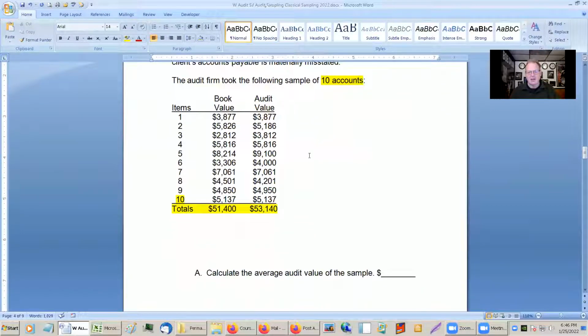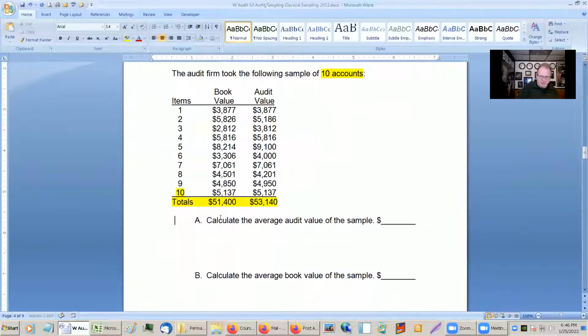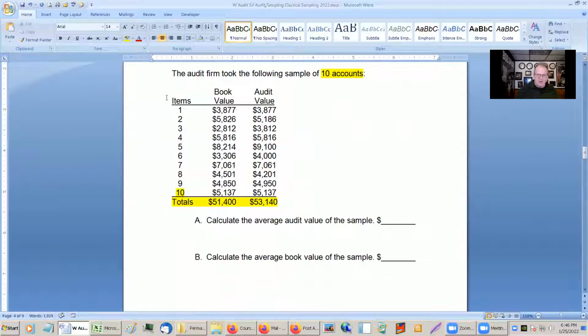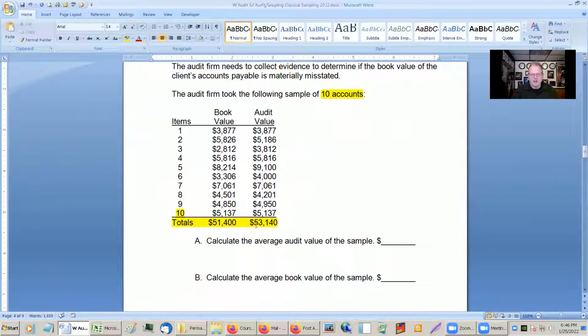And what is the average audit value of it? Let me get these up closer. So what's the average audit amount and what is the average book value? So what we're going to do is take these and divide it by 10. Okay, so the audit one comes first here.